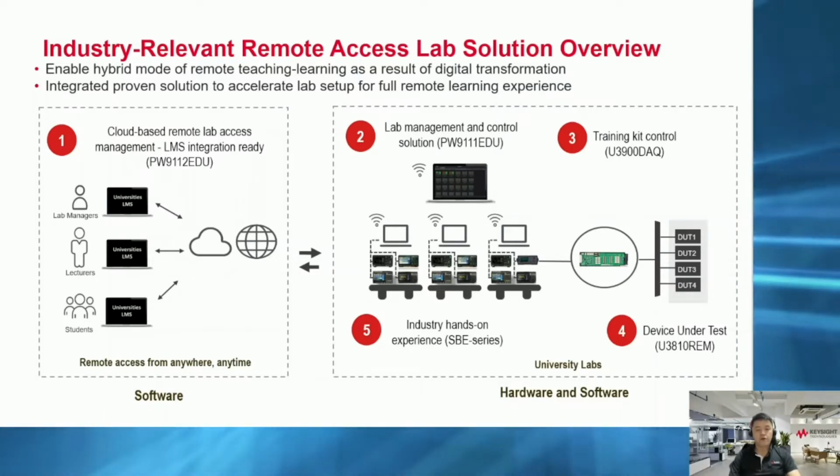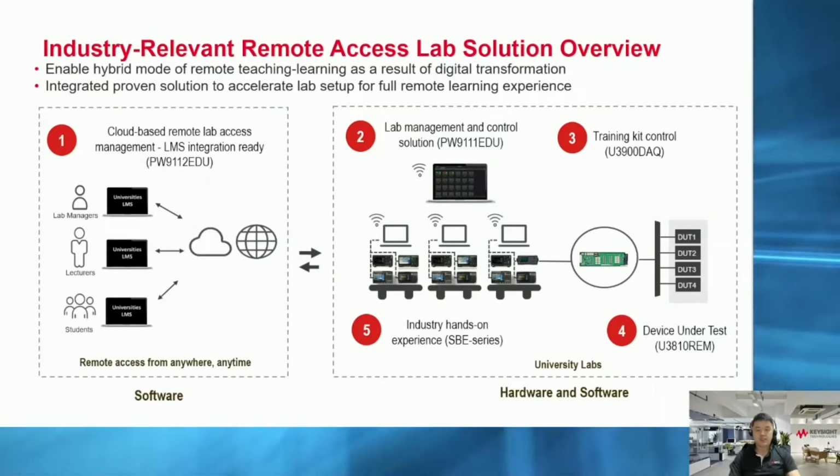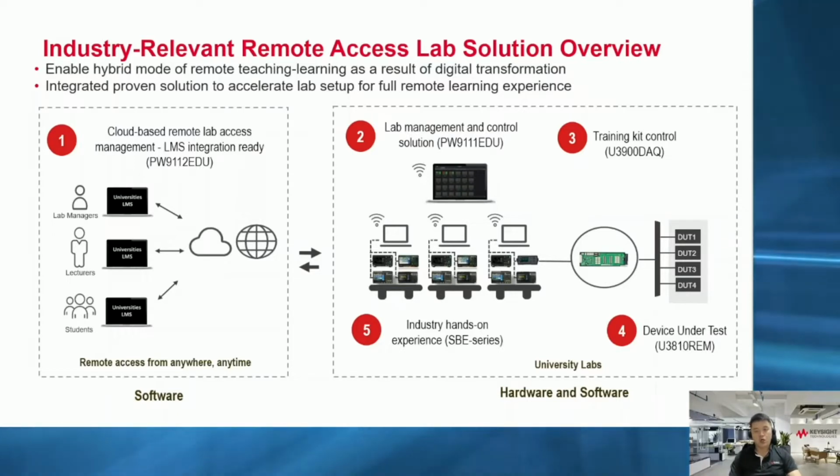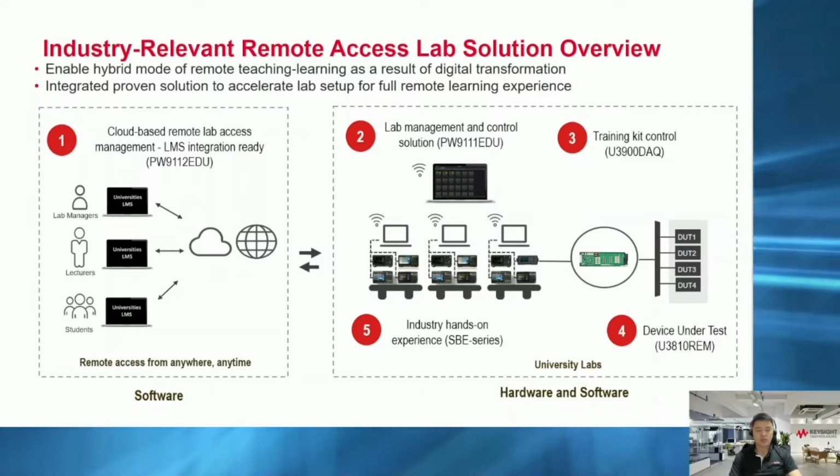The fourth item is the device under test. The device under test can be any DUT, maybe one owned by the university, or Keysight also has training kit solutions, for example for IoT or RF.